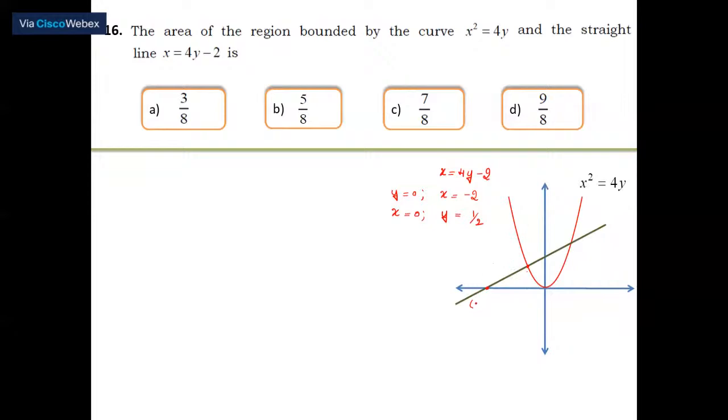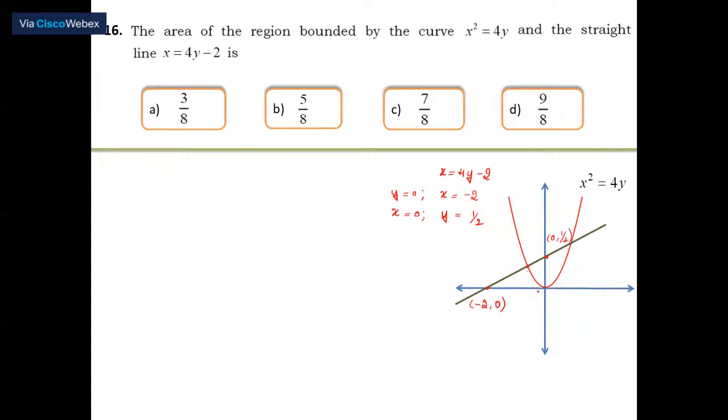So our straight line is joining the points -2, 0 and 0, 1/2.